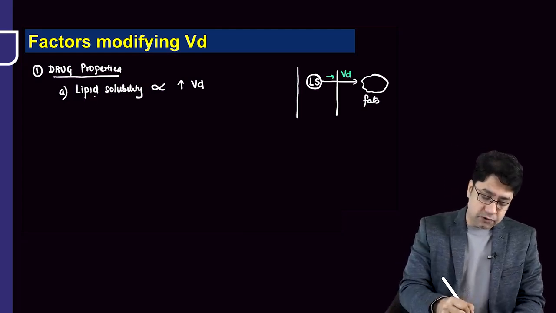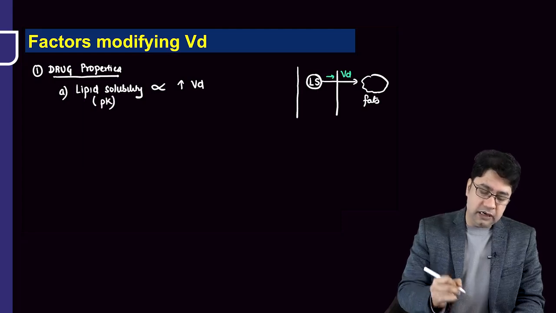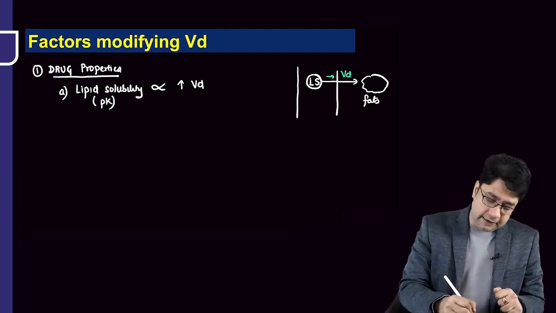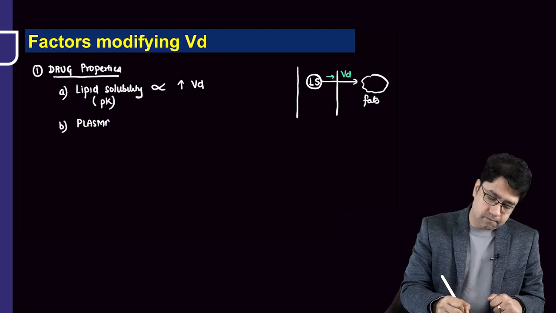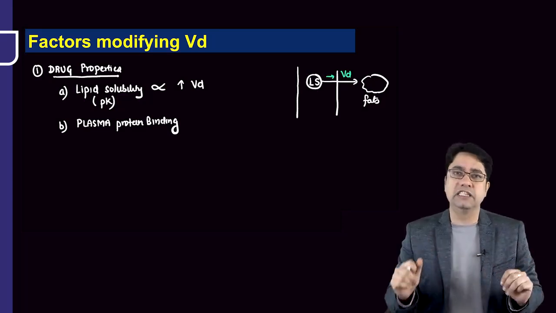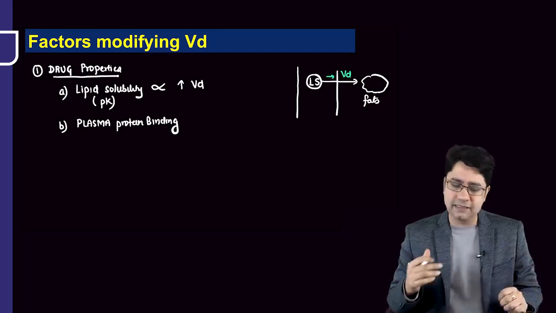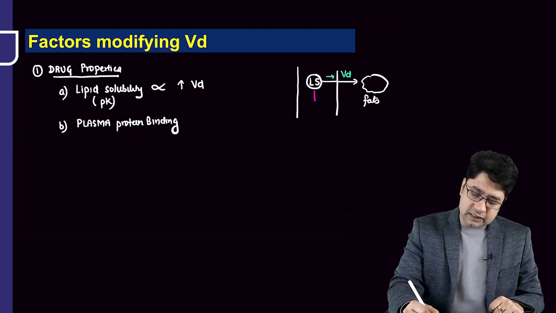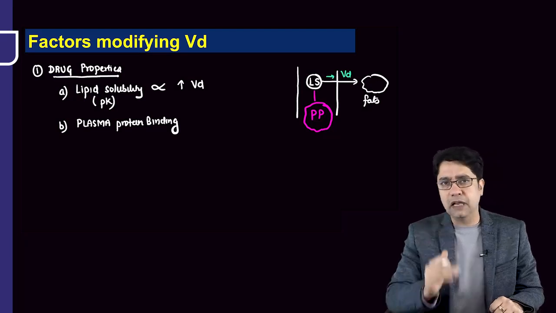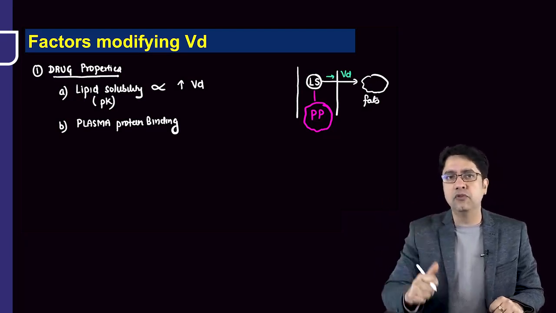And we discussed in the absorption part that lipid solubility depends upon the pK value of a drug. Now the second property is plasma protein binding of a drug. In our plasma, we have big plasma proteins like albumin, etc. So if this drug is attached to plasma protein, PP, do you think these plasma proteins will allow the drug to move outside?